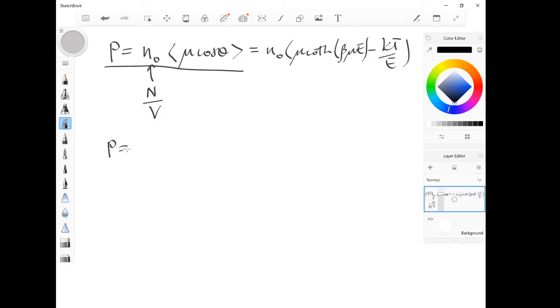So we can now do it in terms of probabilities and averages. And we get N0 mu naught, and now we find the average.